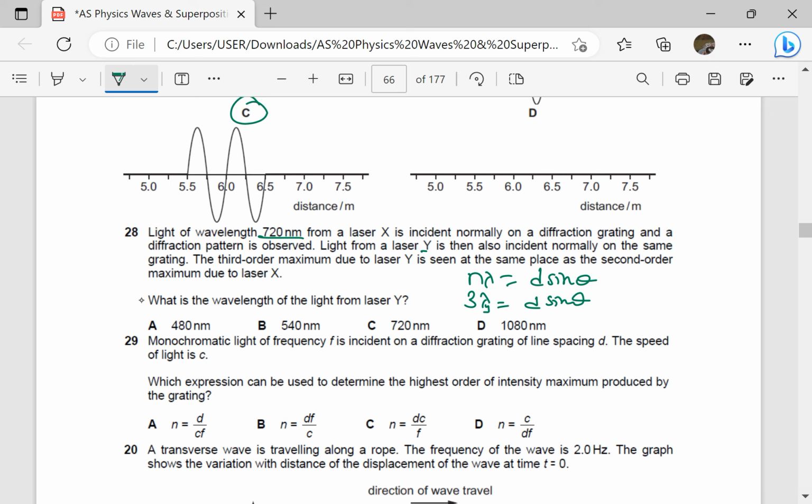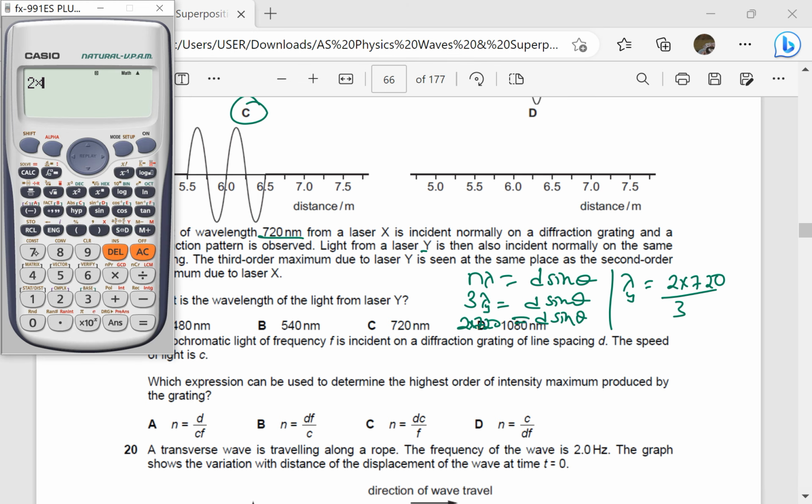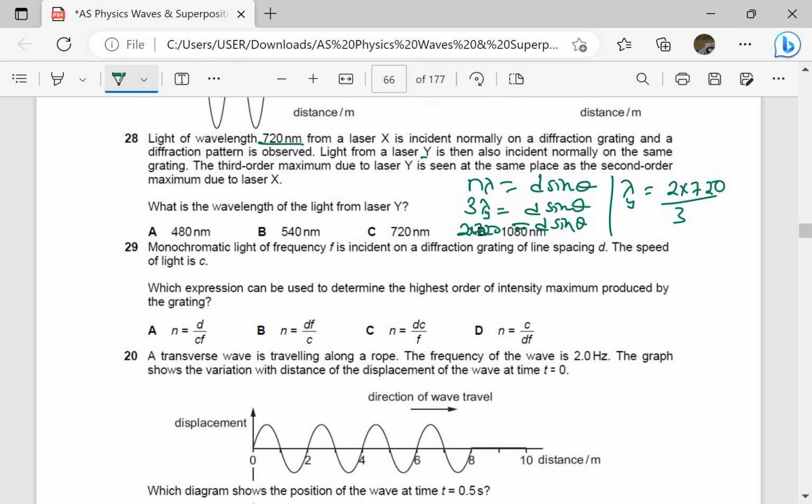Then for X, it is a second order, so this is 2 times the wavelength of X, which is 720, equal to d sine theta. So I just equate these two equations. So the wavelength of Y is equal to 2 times 720 divided by 3, which is 480. So the answer here is going to be 480.